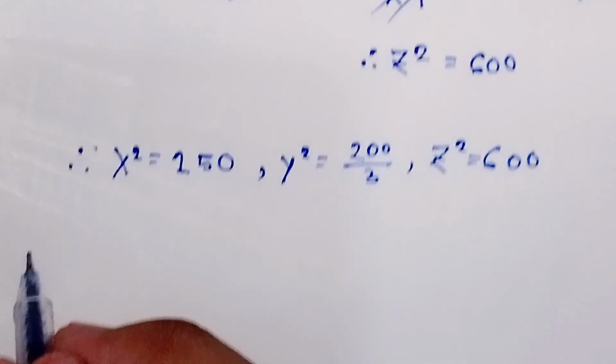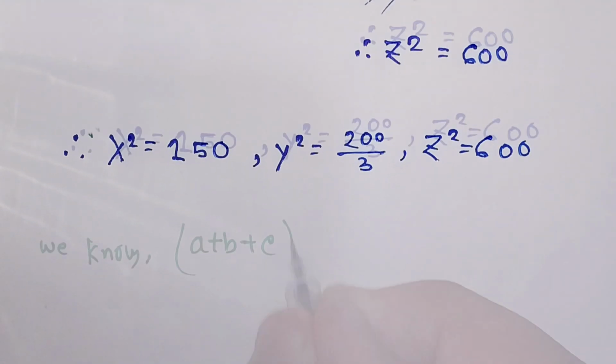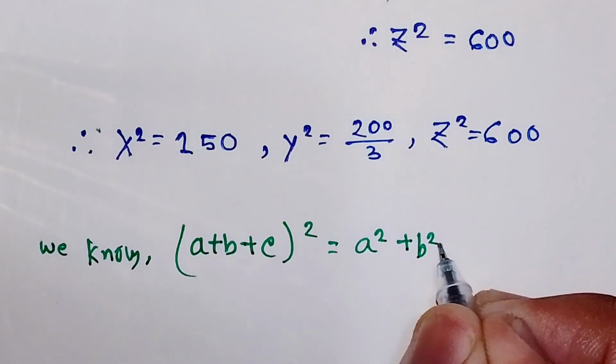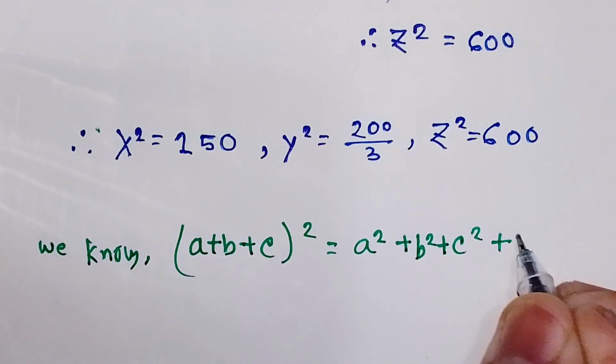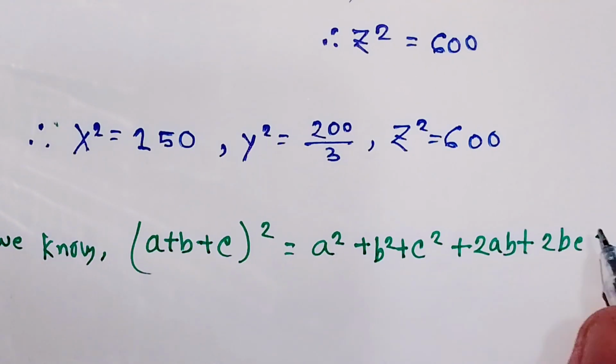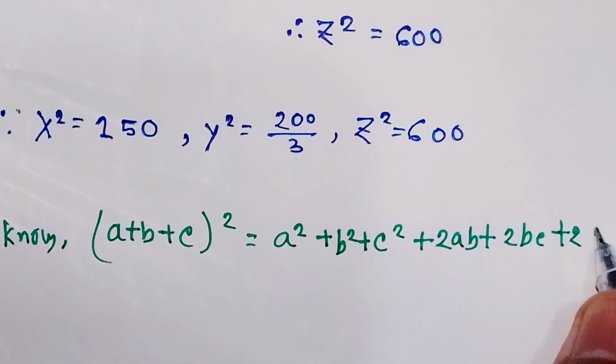Then from here we know the expansion: (a plus b plus c) whole square equals a square plus b square plus c square plus 2ab plus 2bc plus 2ca.